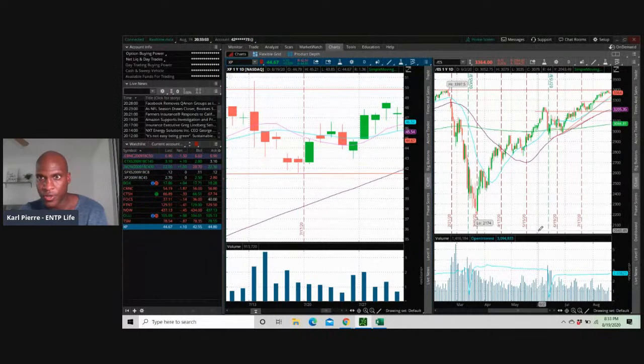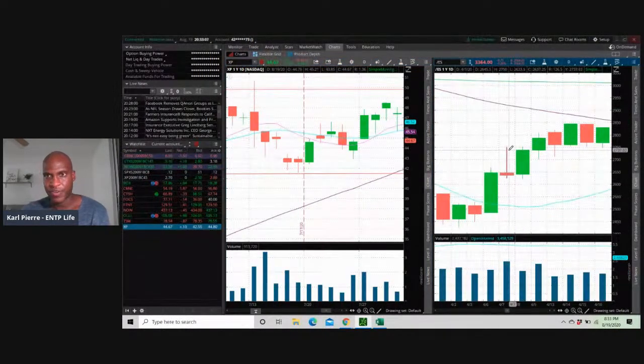For the sake of showing you what a topping tail may look like, this is the reverse, where the tail's on top and the stock closes at or below its opening point, right? So it traded all the way up here, was a green day, and got slammed back down and was showing some weakness.